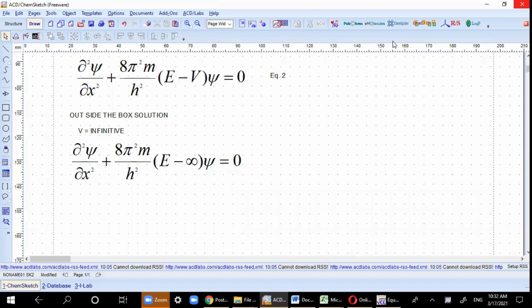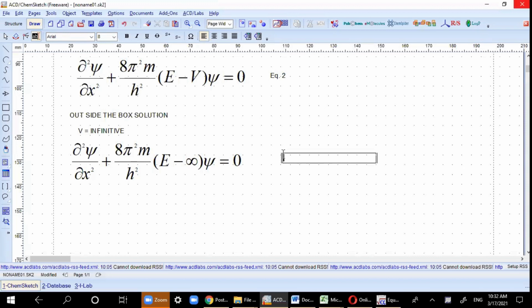That means the probability of finding the electron outside the box will be 0. So we got a solution for outside the box, that is outside the orbital. We proved it.